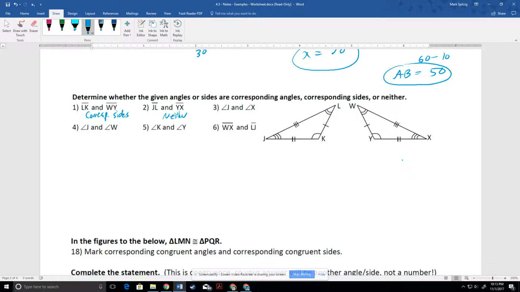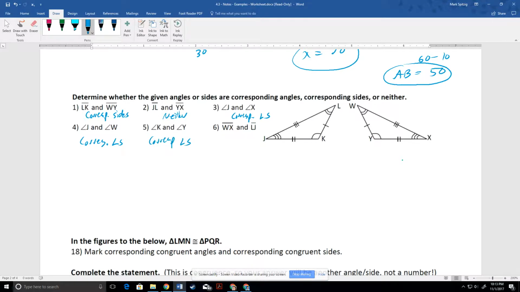Angle J and angle X, yeah, those are corresponding angles. Angle J and angle W, those are corresponding angles as well. You can tell by the tick marks, if they're congruent, then they're going to be corresponding in this case. Angle K and angle Y, those are corresponding angles.